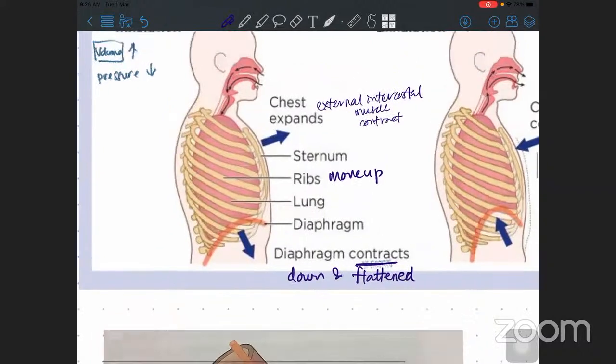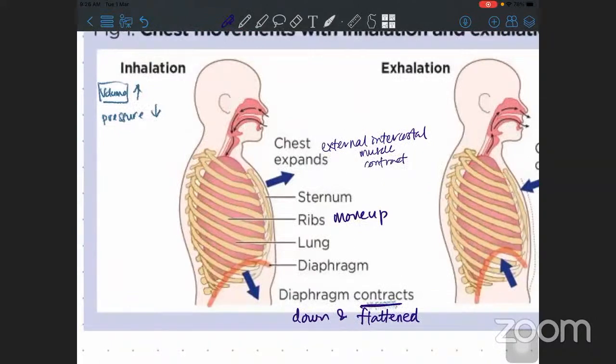Then the volume will increase and the air moves in. Air moves in.